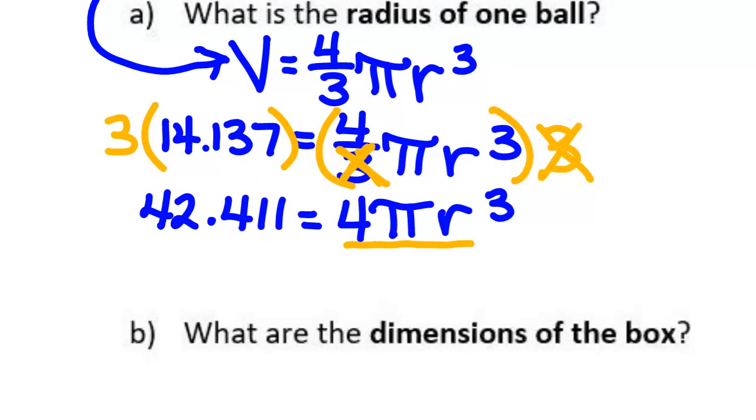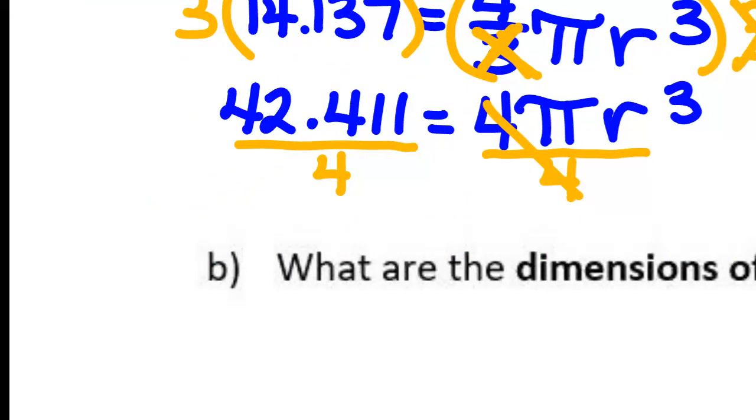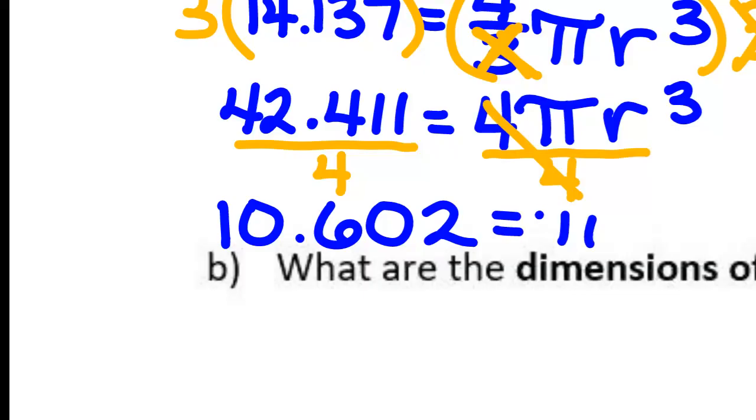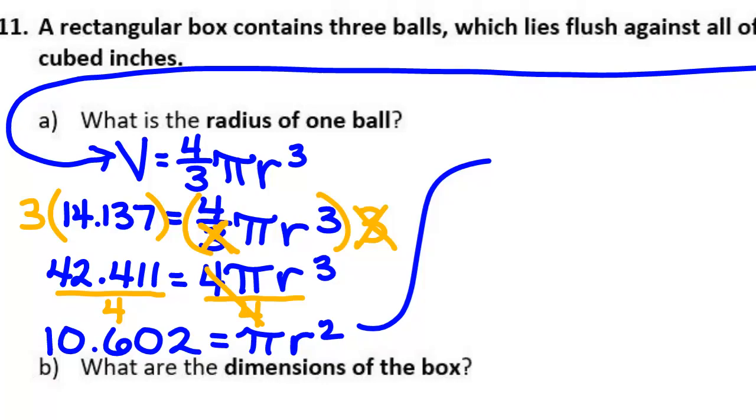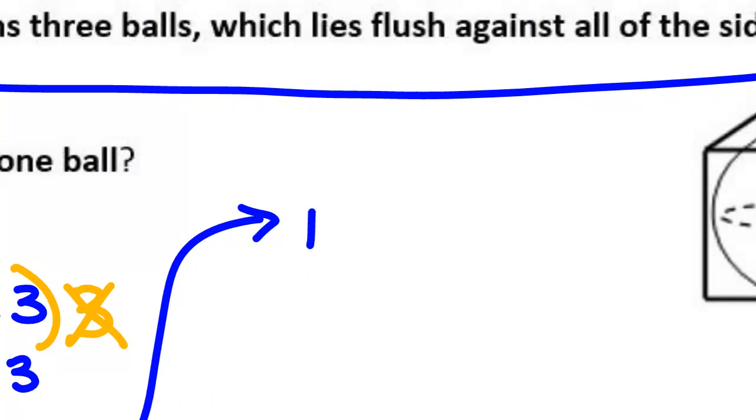Division. What are we dividing by? By 4. What do you get when you do 42.411 divided by 4? 10.602 equals pi r cubed. I am running out of room, so I got to bring that over here. Did I write squared? Cubed.